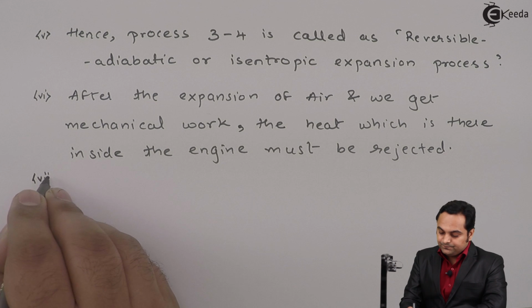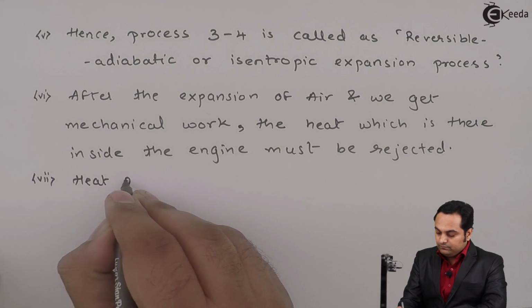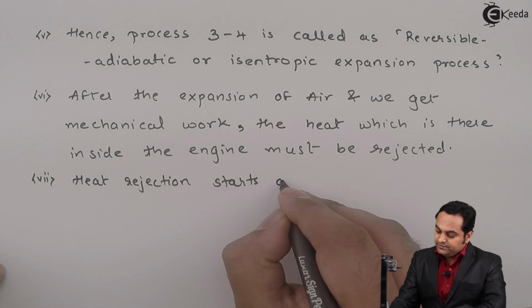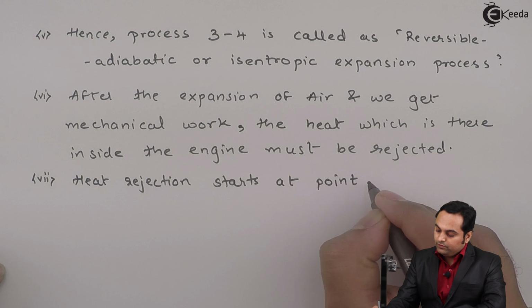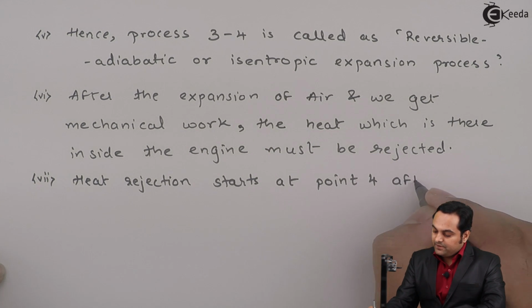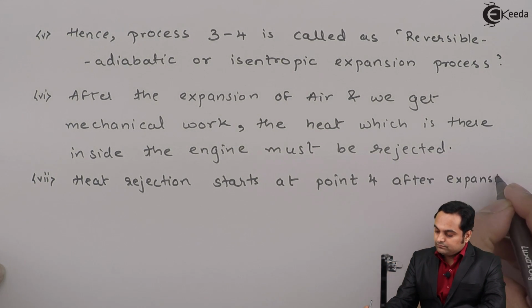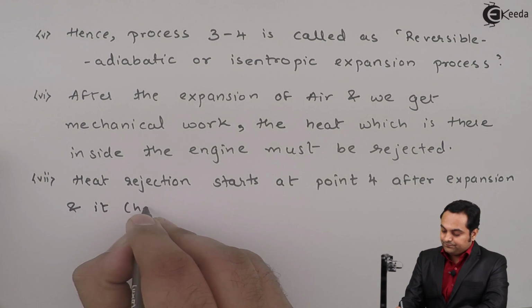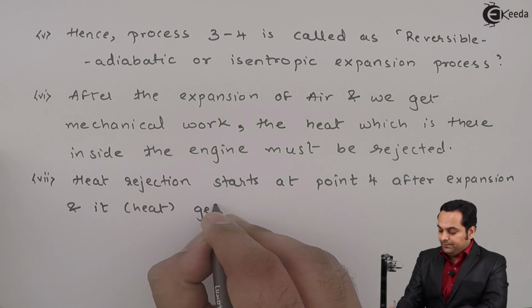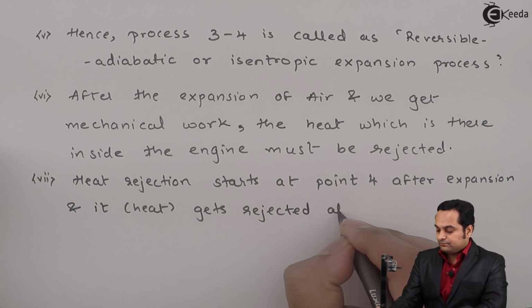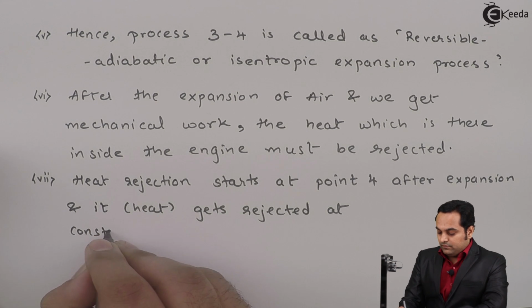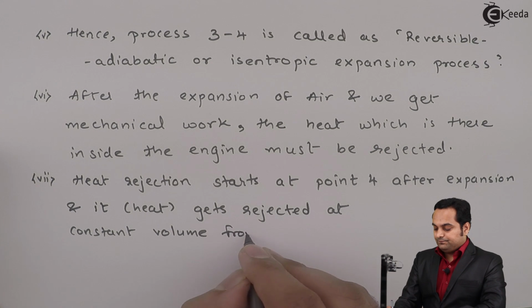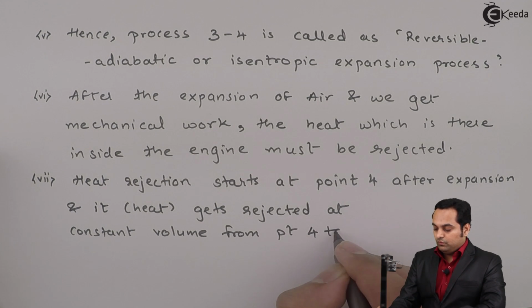and so I can say that heat rejection starts at point 4 after expansion, and that heat gets rejected at constant volume from point 4 to 1.